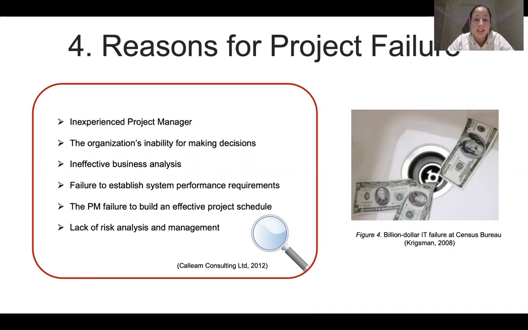Also, the government found that the business analysis was ineffective. Another was the failure to establish system performance requirements. The project manager failed to build an effective project schedule. And finally, there was a lack of risk analysis and management.